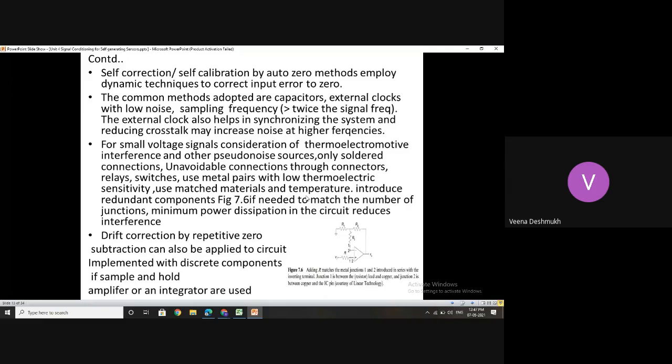There is one more mechanism known as drift correction by repetitive zero subtraction. Here, usually the junction temperatures are varying, so this repetitive zero subtraction mechanism is applied continuously.